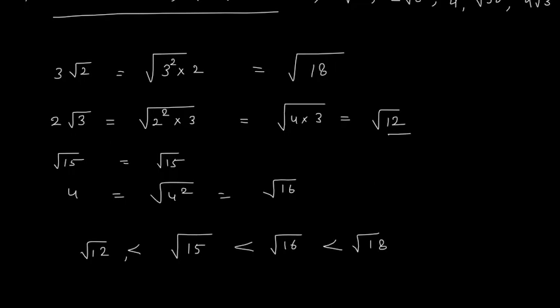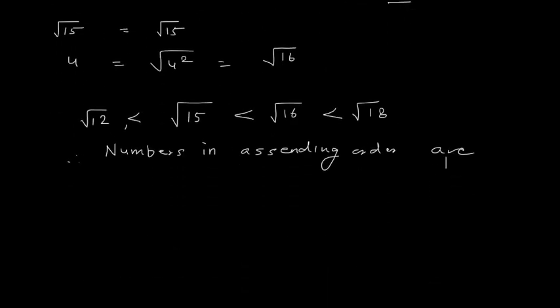So therefore numbers in ascending order are: first I have root 12, then I have root 15, then I have root 16, then I have root 18.